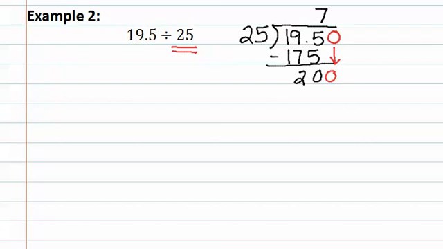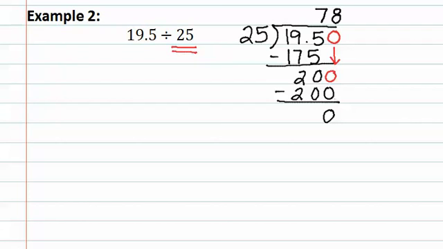We can now see that we have the number 200. We now can ask how many times does 25 go into 200? And it goes in 8 times to make exactly 200. When we subtract, we now get a remainder of 0. Since we have achieved a remainder of 0, we know that we have completed the problem.